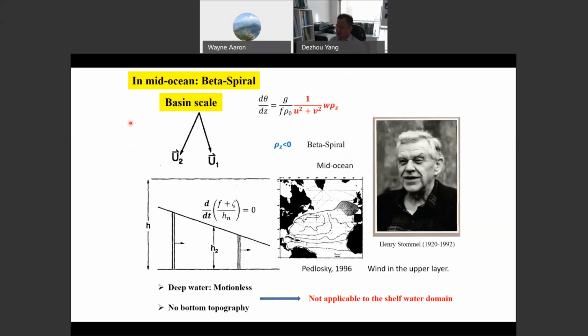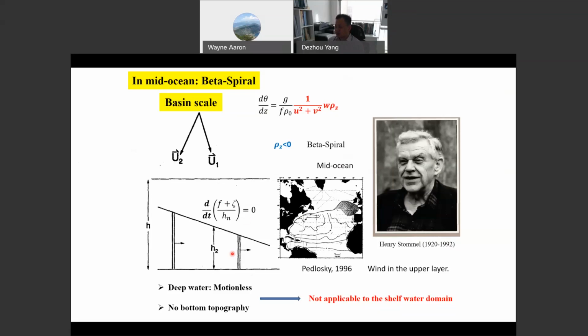It means in the mid-ocean, because there is a very strong wind stress curl, according to the conservation of potential vorticity, the ocean current in the upper layer and at the lower layer will show an angle. It means the current at the upper layer flows in a different direction from the current at the bottom layer.